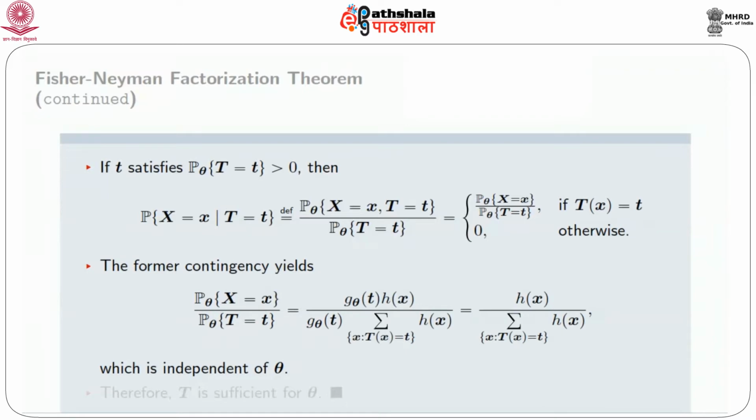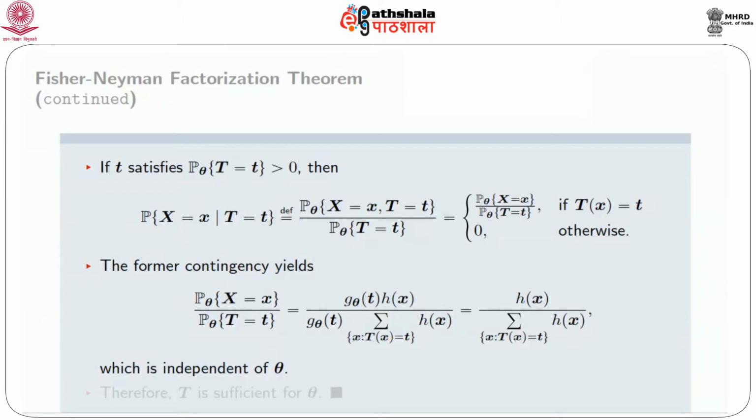and therefore we get the conditional distribution as probability under theta X equals to x divided by probability under theta T equals to t, which is equal to g theta t into h(x) divided by g theta t into summation over x such that T equals to t of h(x).